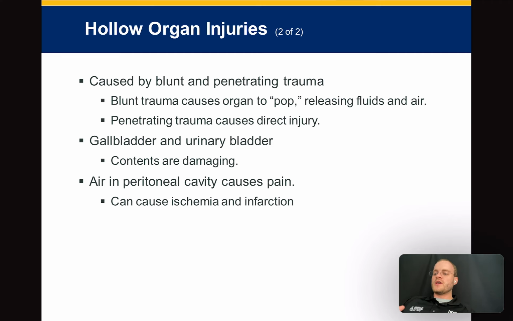You're popping a balloon, and you can release the contents into the abdominal cavity. And so now the gallbladder and urinary bladder contents should be sterile, right? But they're still annoying and damaging, right? This isn't as bad as losing your stomach contents in your abdomen, or the bowel contents, like literal poop from the colon in your abdomen, but it is still a problem if you bust the urinary bladder or the gallbladder.